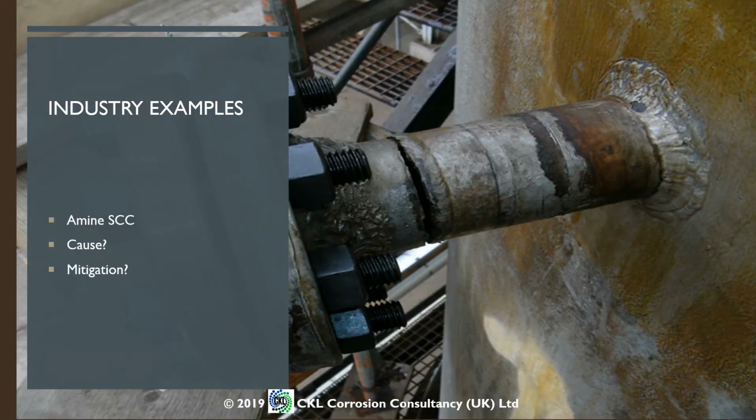This is another example, again, from industry. This is amine stress corrosion cracking. Now, if you have a look at that photograph, you should be able to see where the cracking has occurred. Apart from the nozzle, you should see that it's occurred here along the toe of the weld.